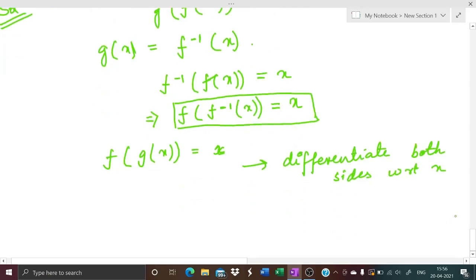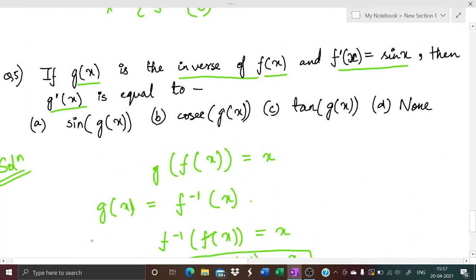So what I will get? I will get f dashed g of x into g dashed x equals to 1. Okay. Now, what has been given in the question? It is given that f dashed of x equals to sin x.